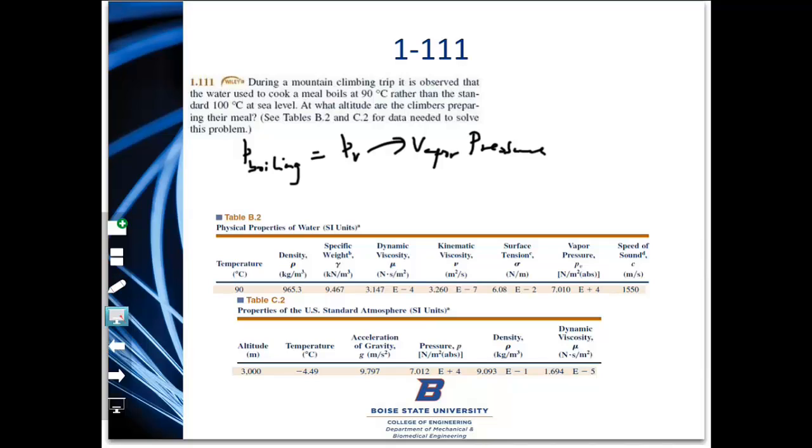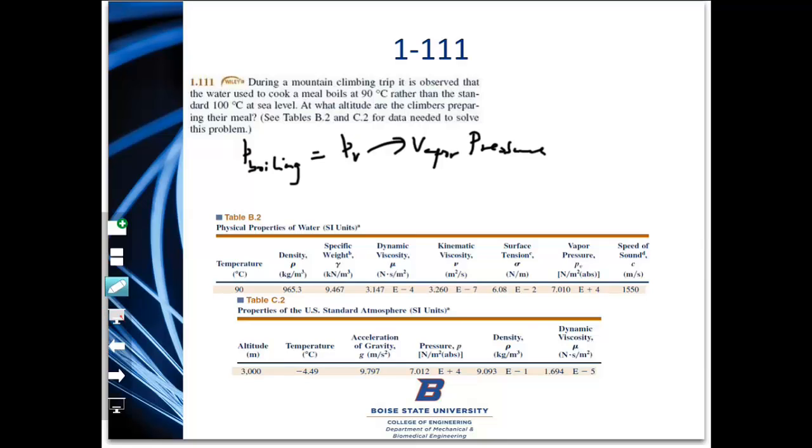Okay, so this comes from the fact that you've learned vapor pressure here. From table B2, for 90 degrees C, the corresponding vapor pressure is 7 times 10 to the 4 Newton per meter square absolute. Then go to table C2, which gives the properties of the US standard atmosphere as a function of altitude, and I just picked out for our pressure, which is the same here, what would be the altitude, and it happens to be 3000 meters.